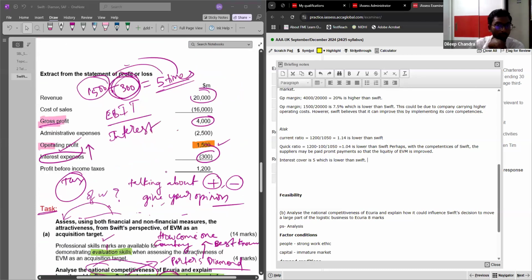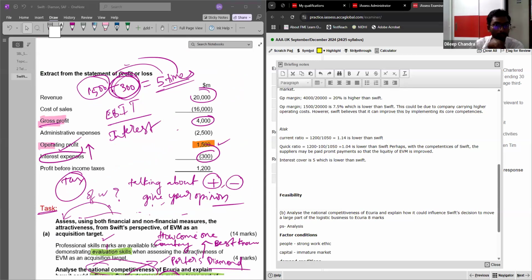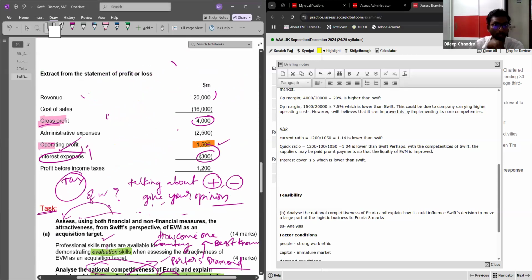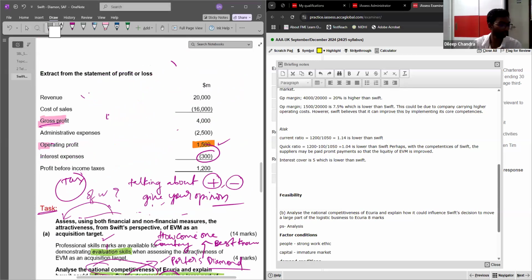Where is my P&L account? What could be the reason? Any idea?